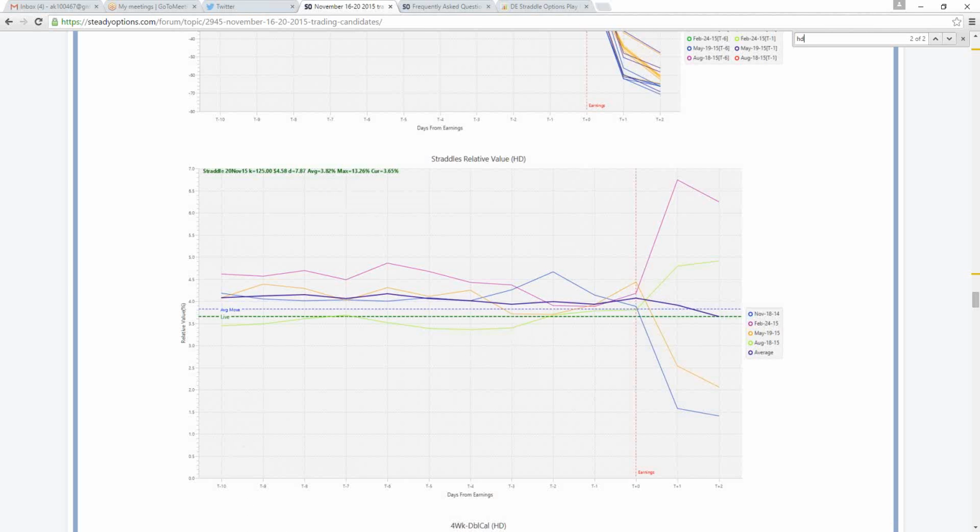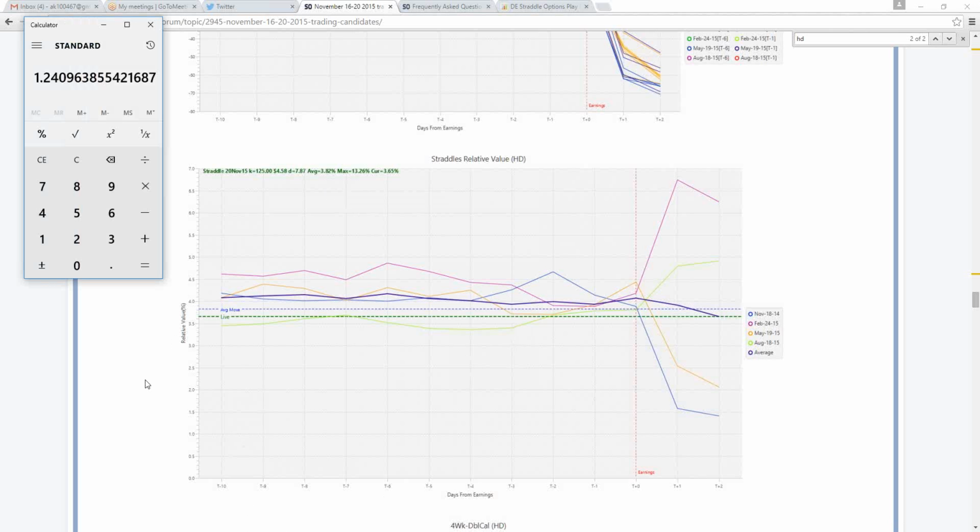So let's do the math. 124 stock price multiplied by 3.4 gives us 4.21. And this is more or less the range that I specified, 4.10 to 4.20.